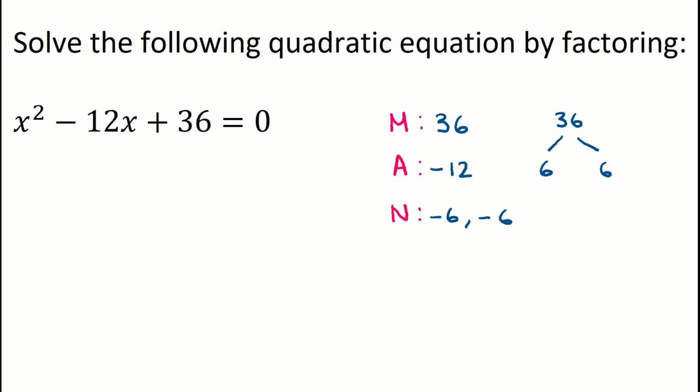Negative 6 times negative 6 is positive 36, and negative 6 plus negative 6 is negative 12. So those numbers work. We are then going to put them back into the two brackets. So x minus 6 times x minus 6 equals 0. And because these brackets are the same, you can also write this as x minus 6 squared.